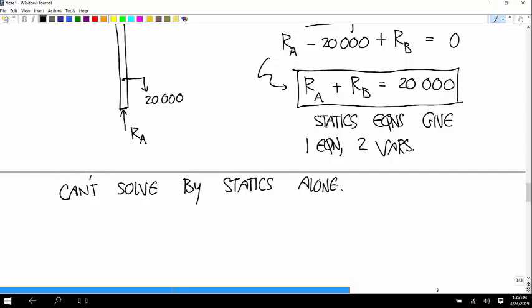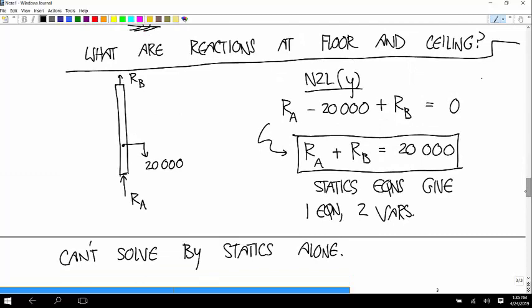Okay, so if you wrote out Newton's second law, you could use the x equation, the y equation, and then the moment equation, which gave you a third one. The y equation gives you this. The x equation gives you 0 equals 0. The moment equation gives you 0 equals 0.